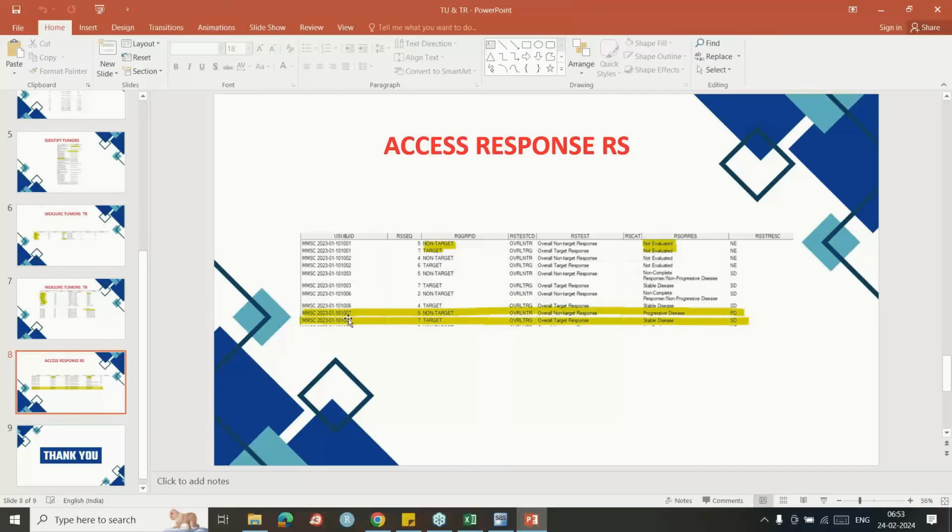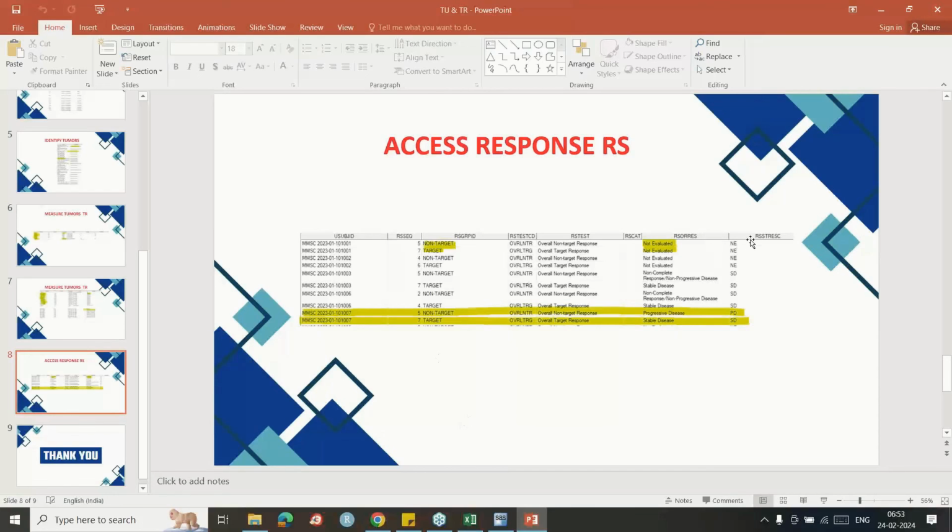For example here, subject 1007, non-targeted lesion, it will give progressive disease. Progressive disease is nothing but, instead of decreasing, the tumor size is going to increase. For the targeted lesion, stable disease is nothing but, it should not increase or decrease while using our drug. Okay, so we have complete response, partial response, and stable disease.